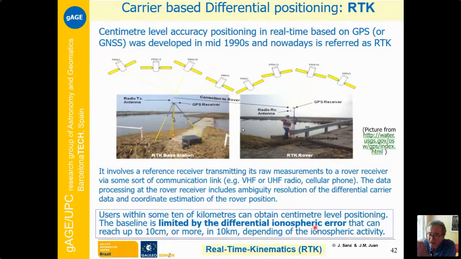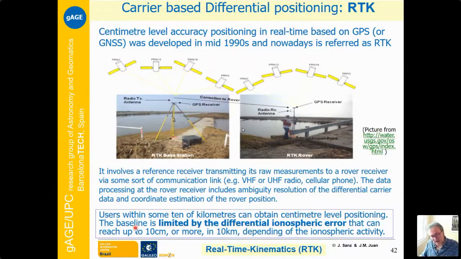In this case, everything must be at the centimeter level of error, at the level of a few centimeters. Then the error component most difficult to model or to cancel is the ionosphere.